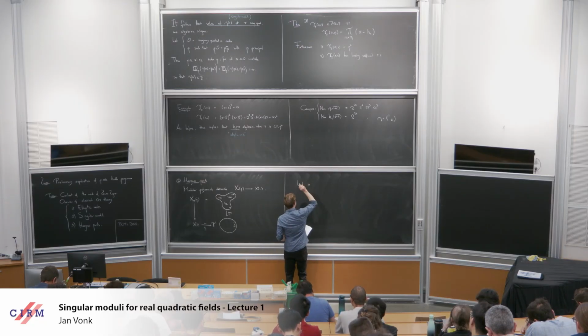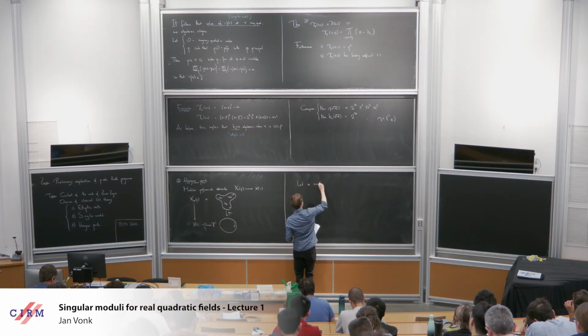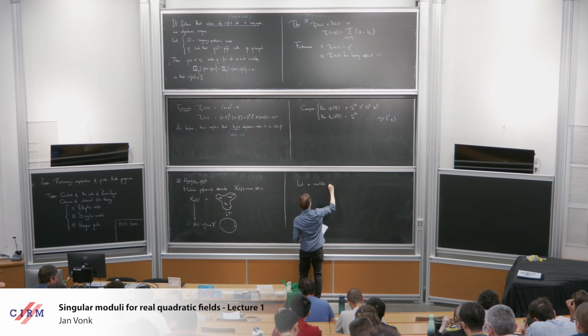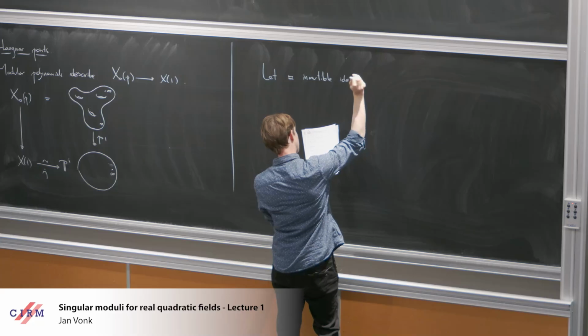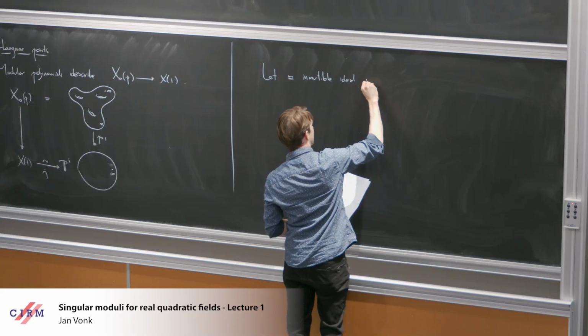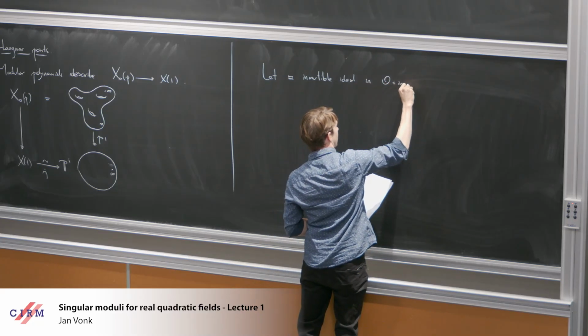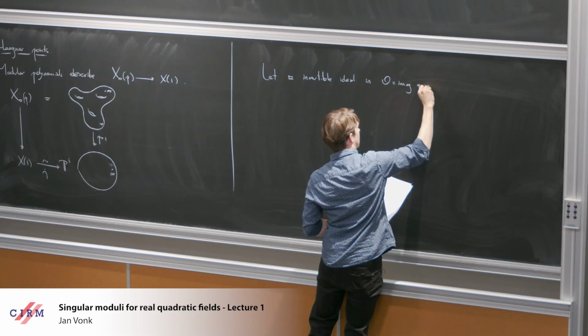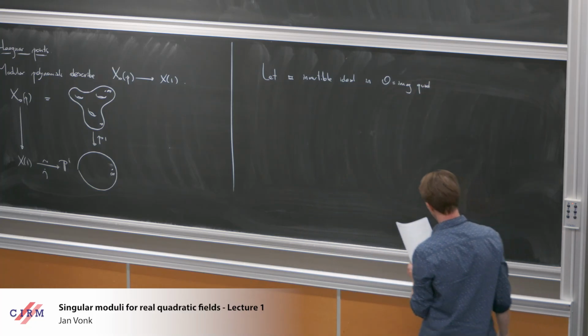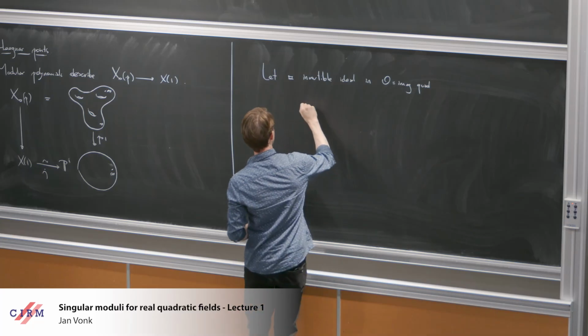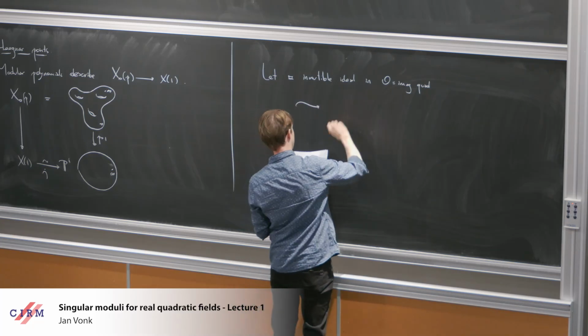So suppose that A now is an invertible ideal in this quadratic ring that is imaginary quadratic. Then we get an associated CM point.